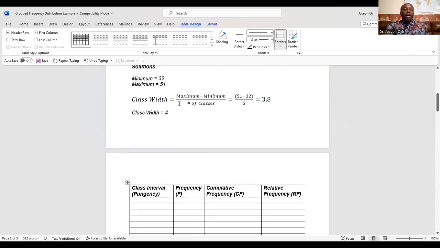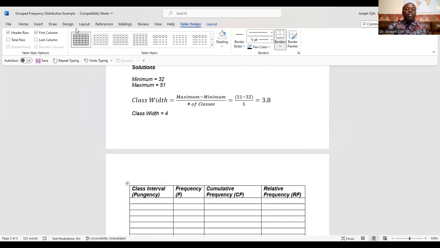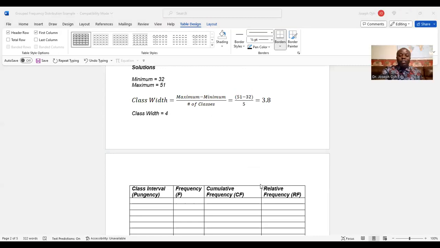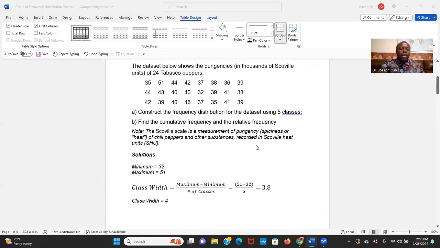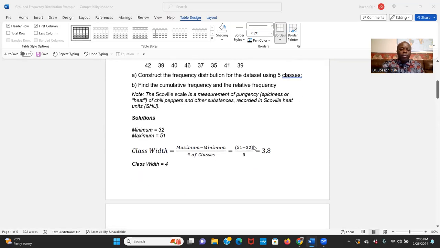Okay. Now, I'm using one table to answer all the questions. So that's how statistics is. When you're summarizing data, you can make it easy for you. Anyway, I believe you get the point.